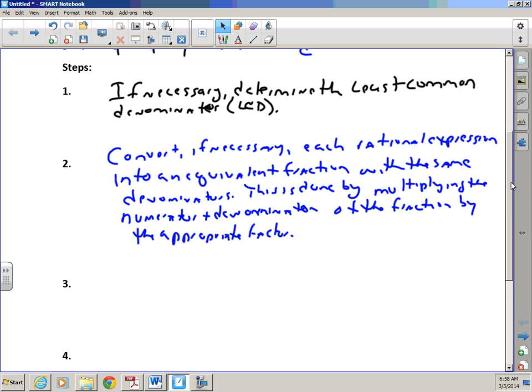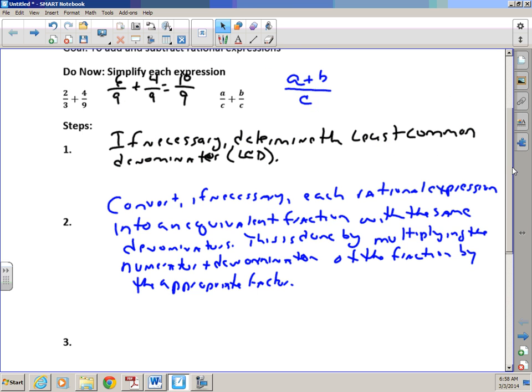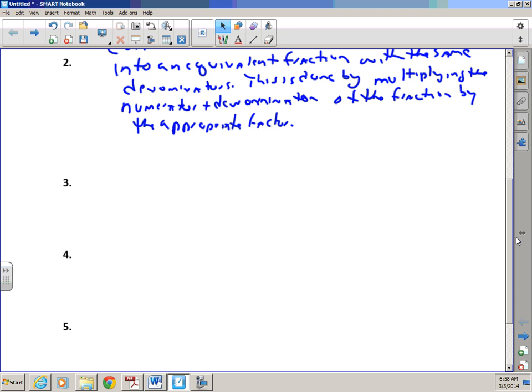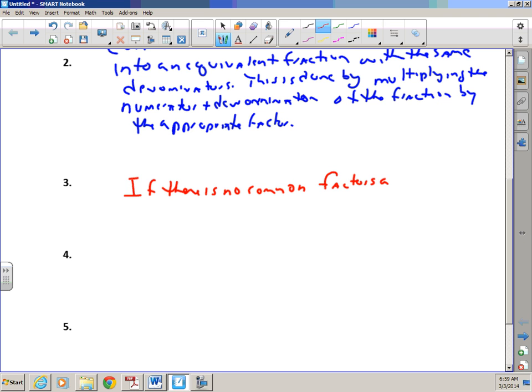Step 3. If there are no common factors amongst the denominators, and you'll see this when we get to an example, then the LCD is denominator times denominator.